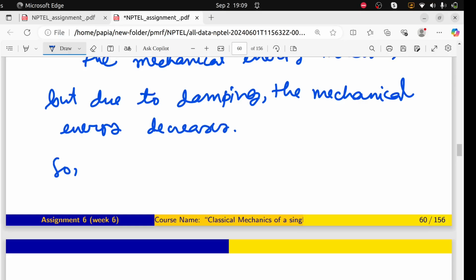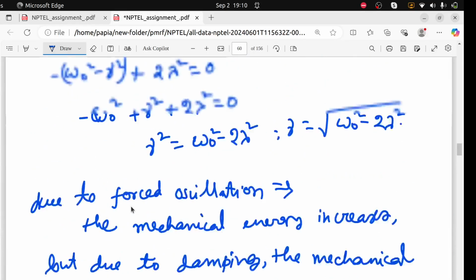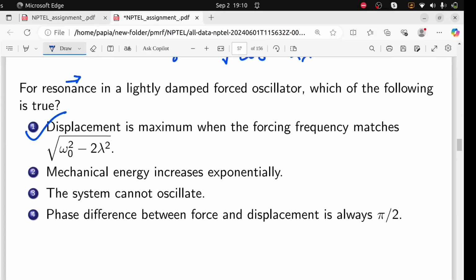So basically the mechanical energy is getting balanced. So whatever the option was, that mechanical energy increases exponentially, that is not correct.